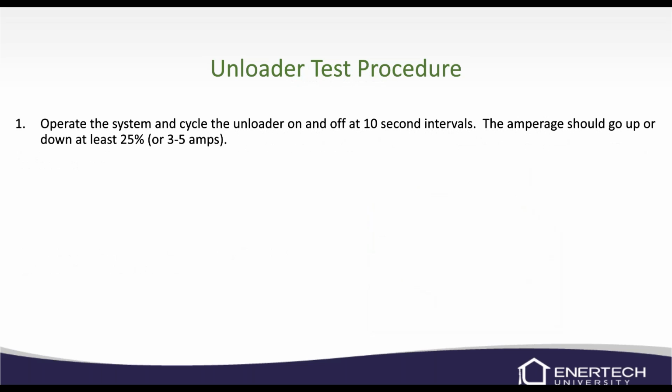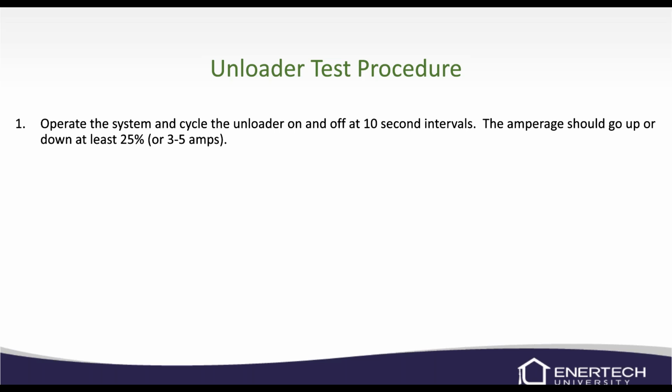The second stage solenoid unloader, if you need to test that, if you're not sure if the compressor is going into second stage or not, our units run about 67% in first stage, and then it adds the rest of the second 33% in second stage.